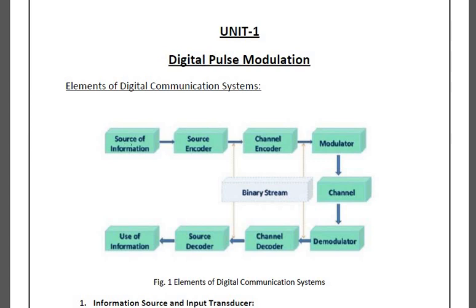Now that form is given to the source encoder, so that it converts your message signal or the information source into digital form, correct? I'll repeat it once again. The symbols or data given by the information source cannot be transmitted directly. So they have to be first converted into digital form, and to convert that into digital form, you use this source encoder.